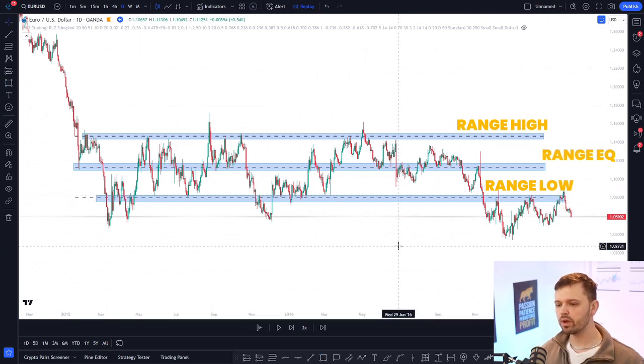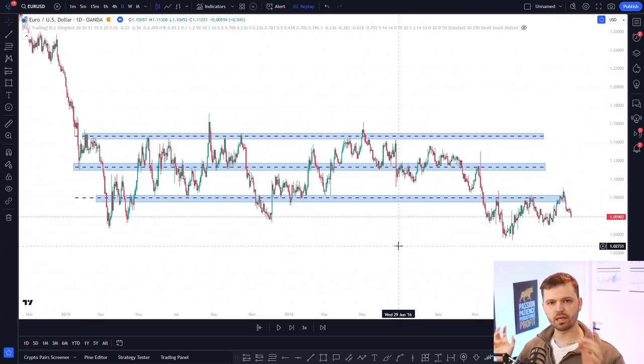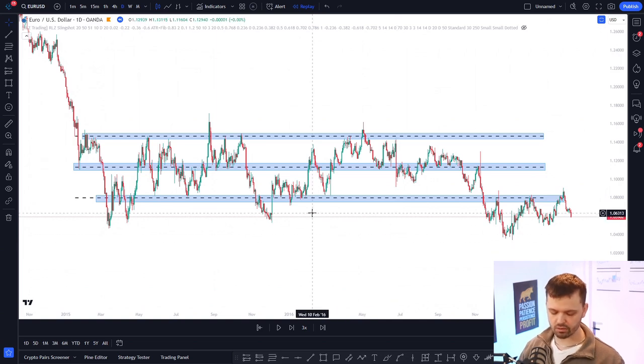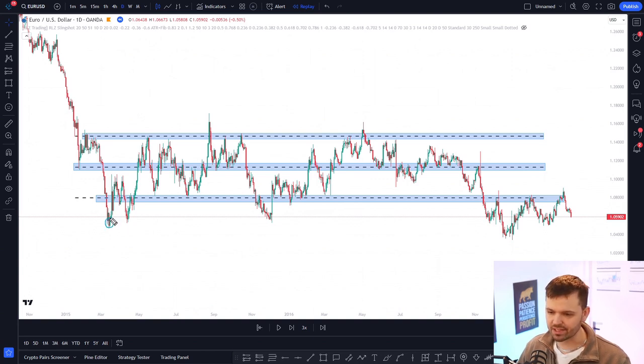Now, when trading a range from a mean reversion perspective, you could be trading if price breaks the range low to the downside. Whenever price breaks below the range lows right here, you might want to go long when you have some sort of buy signal down here. That buy signal would depend on the system you're trading or the entry triggers you have.